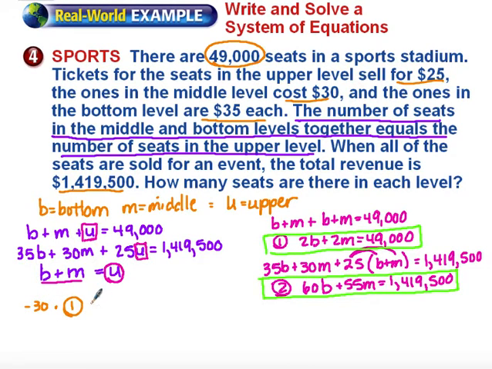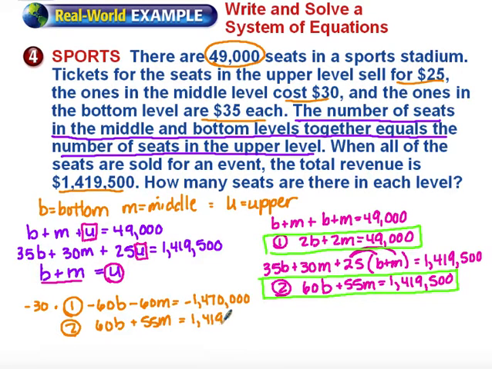So that's going to give me negative 60b minus 60m equals negative, if I take negative 30 times 49,000, I get negative 1,470,000. I'm going to leave equation 2 exactly like it is.